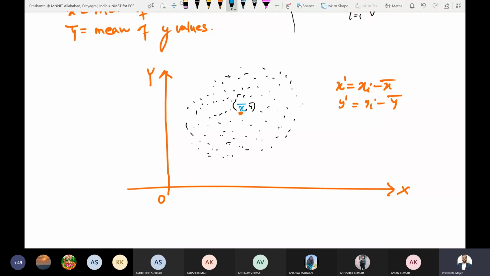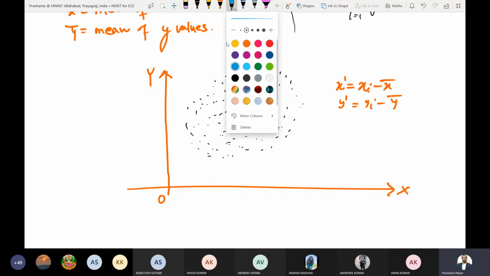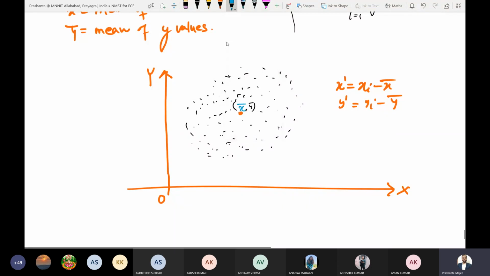So now what you are doing, you have shifted the origin to this point. So this is now the coordinate axis. This is x dash, new coordinate axis, new x axis. This side is new y axis.